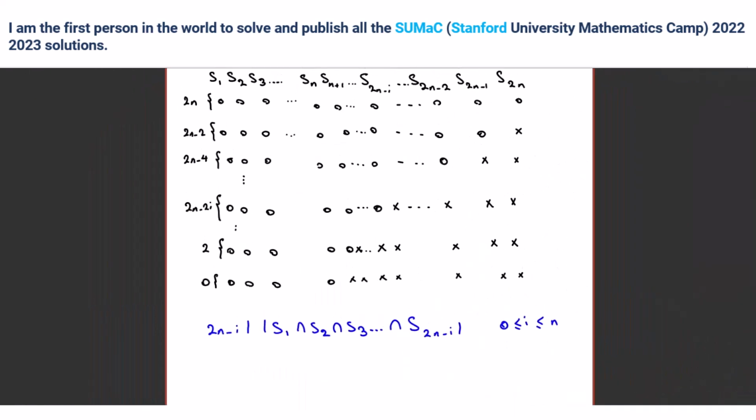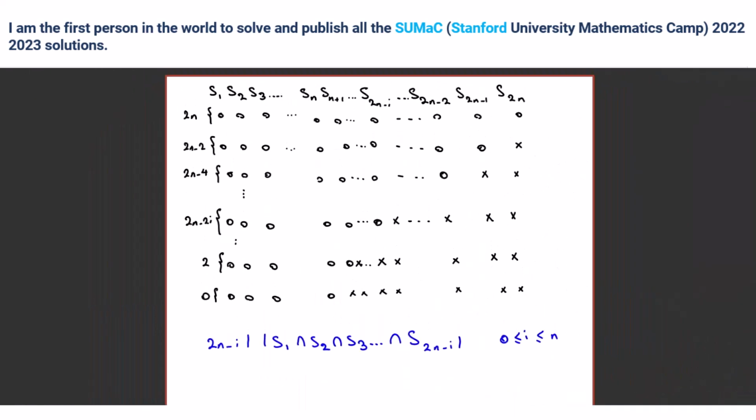Yes, from i equals 0 to n you should prove it, right? So you should calculate this in terms of n and i and prove it. Try first on your own.